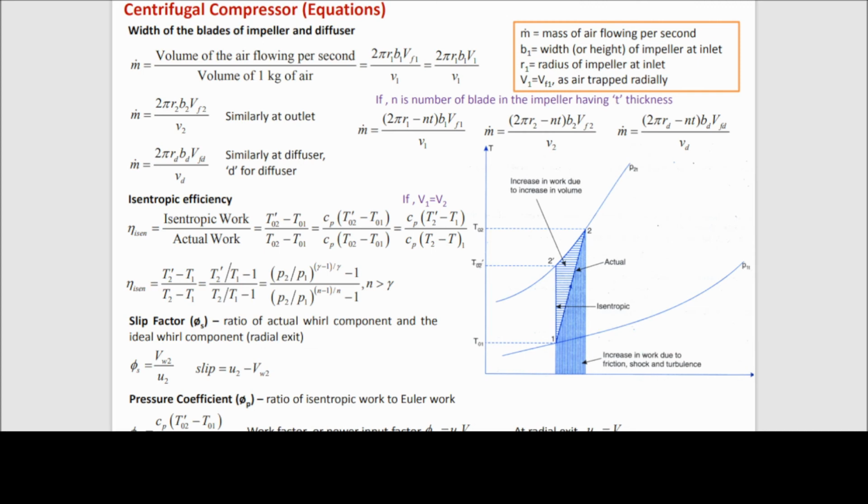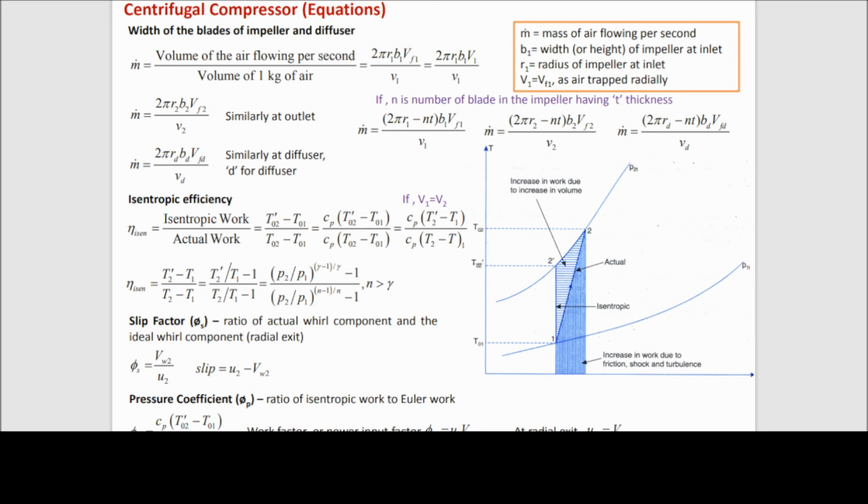I have already shown you the hydraulic turbine somewhat like this. So the flow will be in this direction. So if I consider this is 2 pi r1 into this width of this blade, this will be this area.